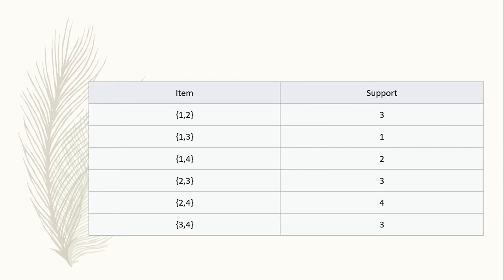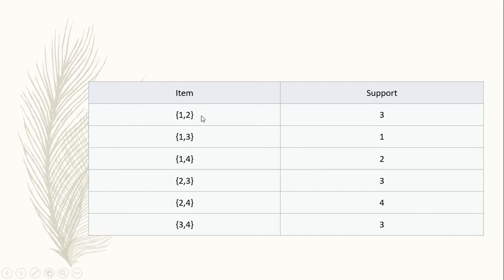So in step number 2 we are finding the pairs: 1 and 2, 1 and 3, 1 and 4, 2 and 3, 2 and 4, and 3 and 4. These are our pair values.